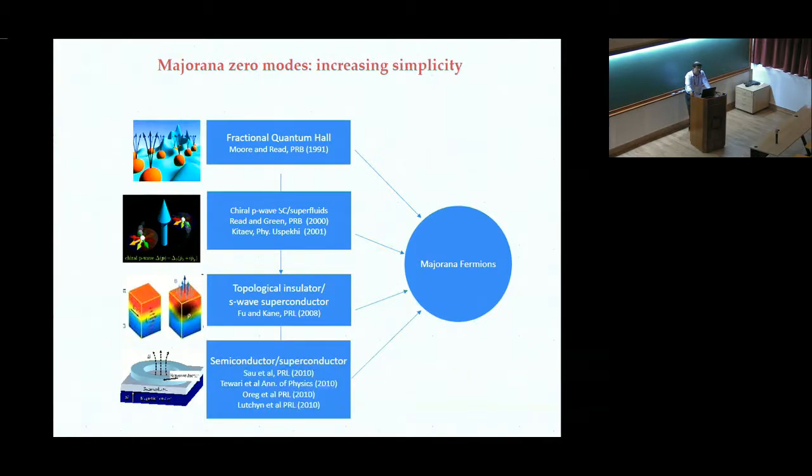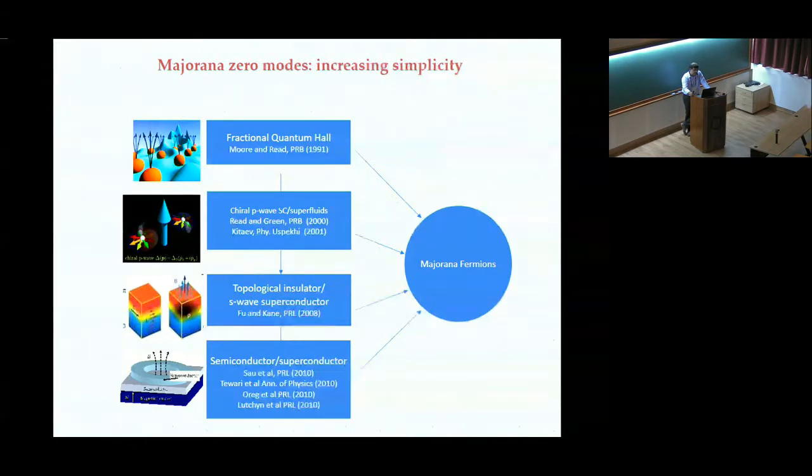But of course, spinless p-wave superconductors are not available in the lab. So one way to realize the same physics was proposed by Fu and Kane, by building a heterostructure between a topological insulator surface and an s-wave superconductor. And then we further simplified the proposed scheme to somehow create an analog of a spinless chiral p-wave superconductor in the lab.